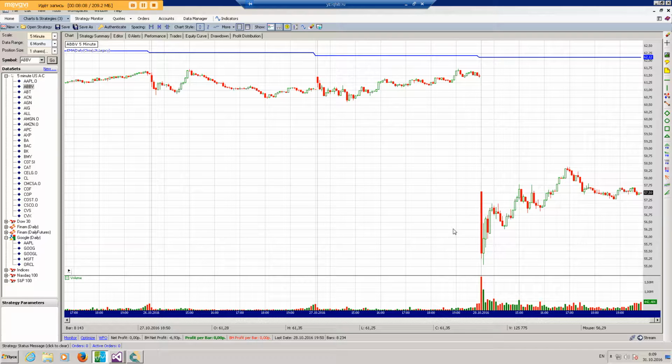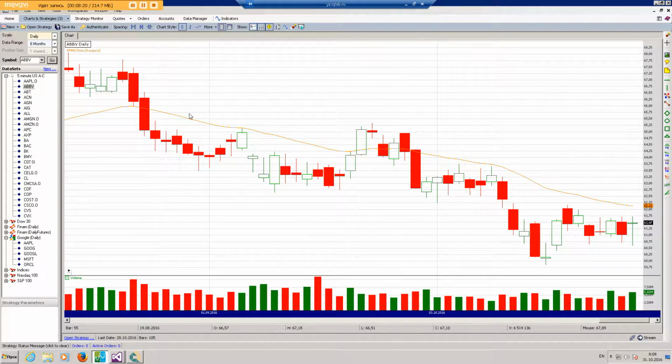Because, well, now you see the book says that we have to look at the daily angle of this EMA. I mean, we can do that, I guess.